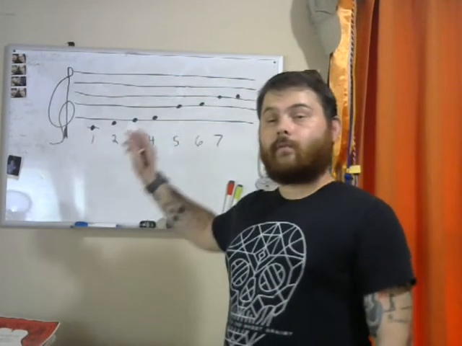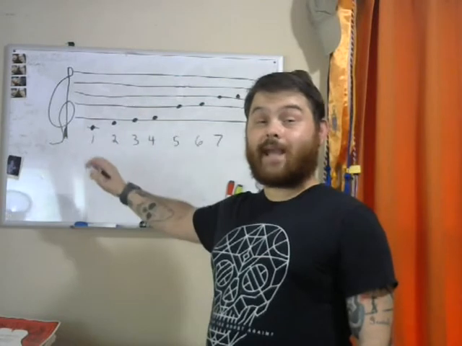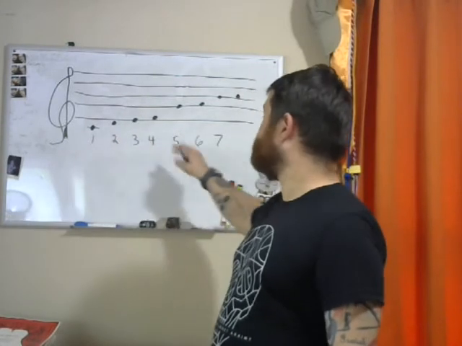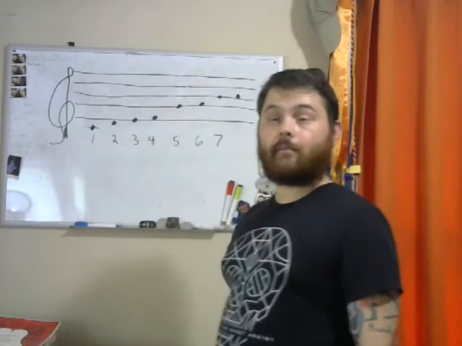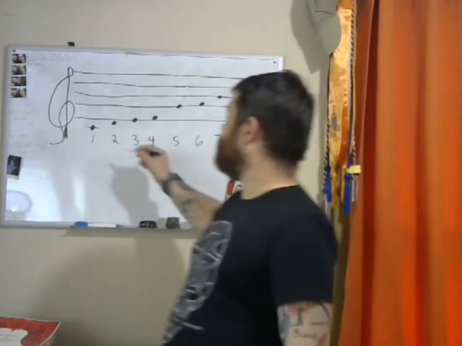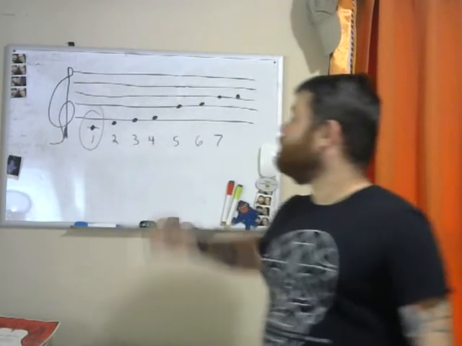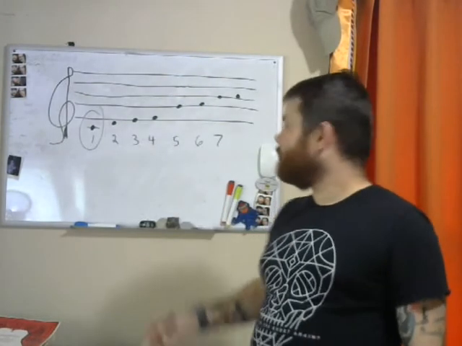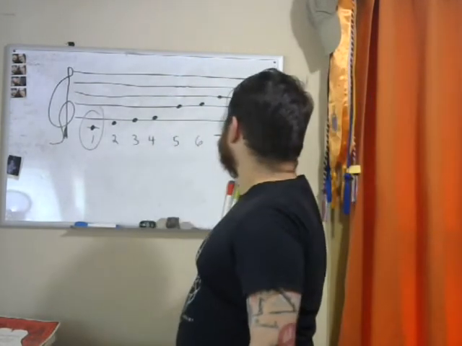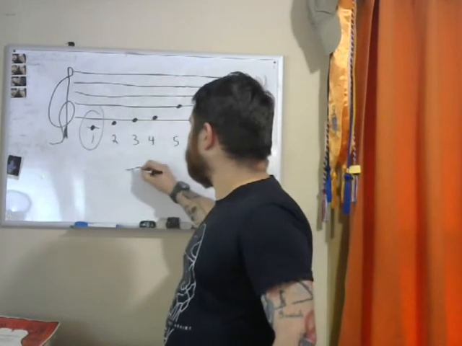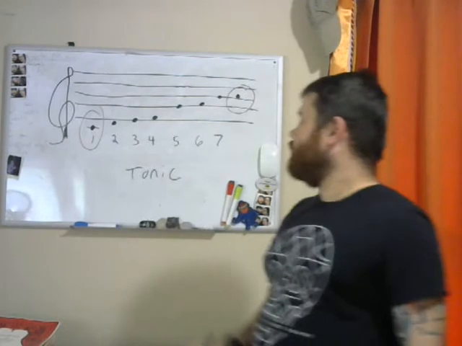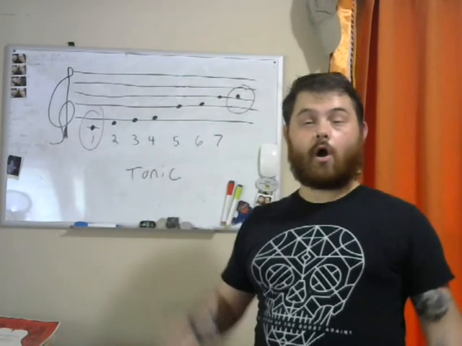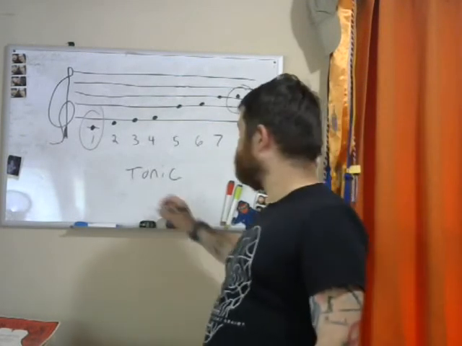Now, we also have names for these scale degrees in addition to the numbers. The first one we'll talk about, I'll just circle it, is C. We call that the tonic, and you can think of this as a home base.